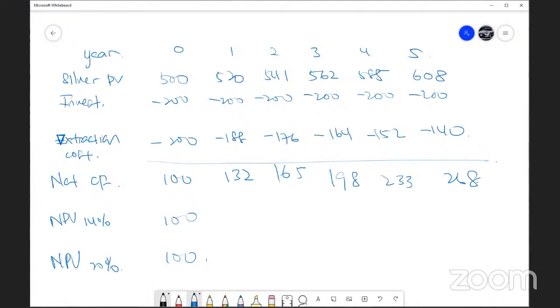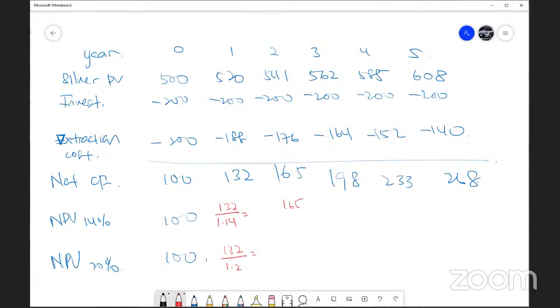132 divided by 1.14, power of 1, and 132 divided by 1.2.